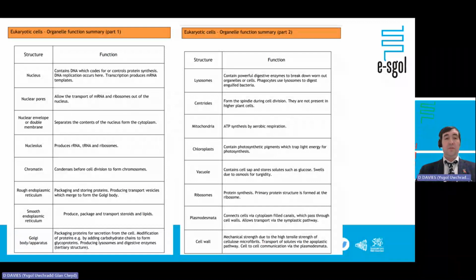So this is a list of functions of the organelles in a eukaryotic cell. Some of them are in plant cells, some of them are in animal cells. This is what I mean by it's a learny bit. You need to be able to recite and remember all of these functions at this level, for all of these organelles.